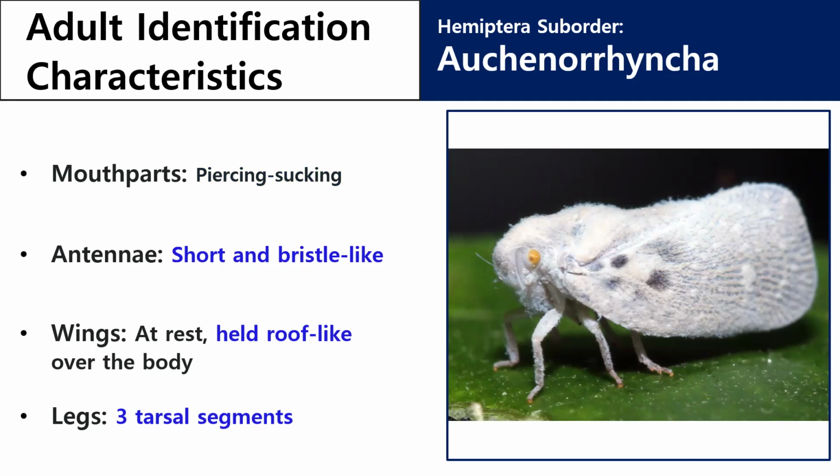We have our flatid planthopper here. What we'll see with our Auchenorrhynchans, the texture of the wings can vary, but they're going to be uniform. So we don't have the half leathery, half membranous like our heteropterans, but we have a uniform texture, or however we want to describe it, for that top pair of wings.